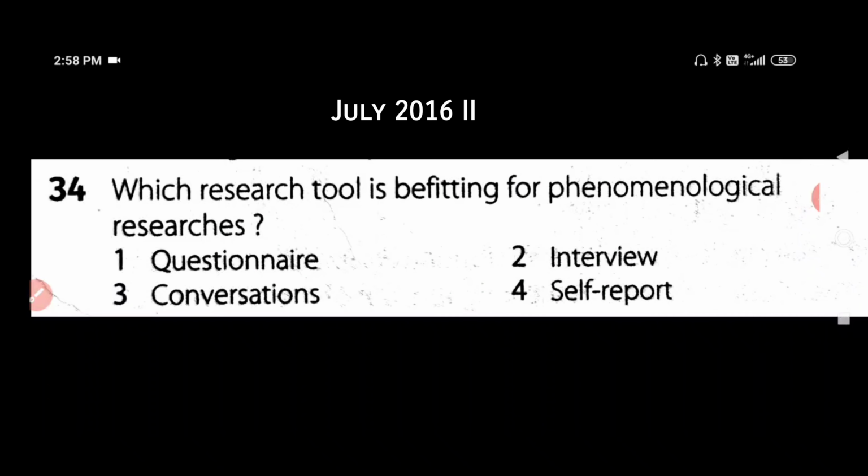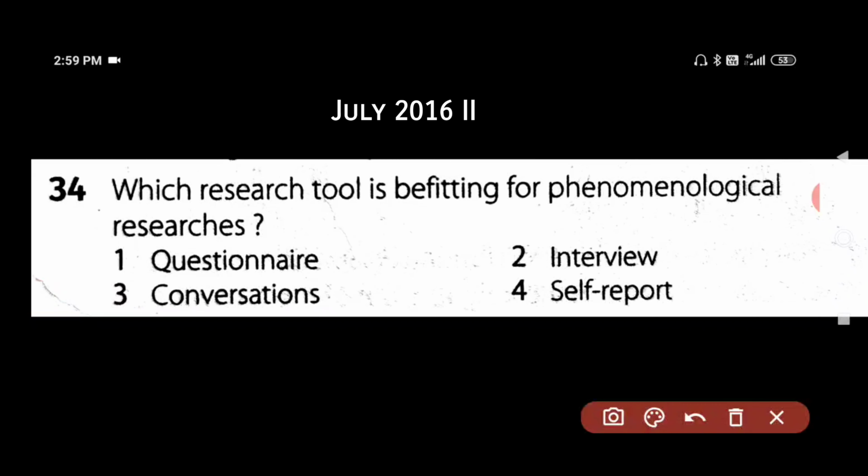Which research tool is befitting for phenomenological researches? Questionnaire, interview, conversations, self-report. At first glance, you might think the correct answer is interview, and you're not wrong. It is interview, but if you study these 4 options, then the most appropriate tool is self-report.